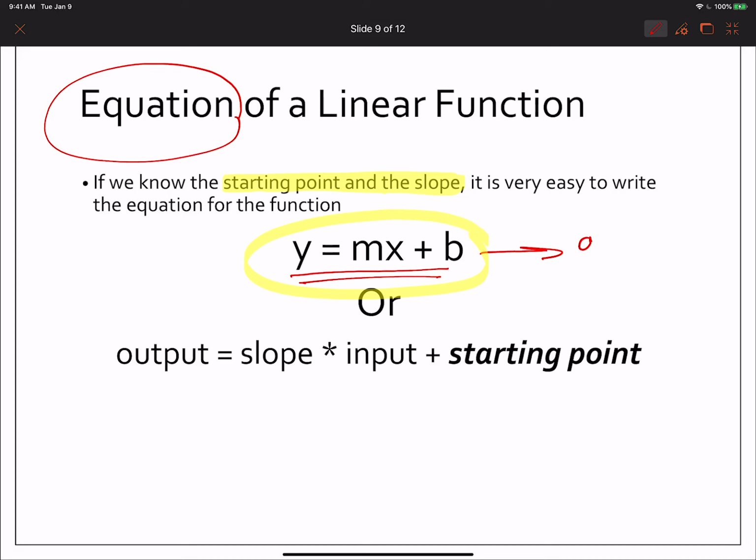This is the general form of an equation for a line or a linear function. And basically what that's saying is that our output is going to equal the slope times the input plus our starting point.